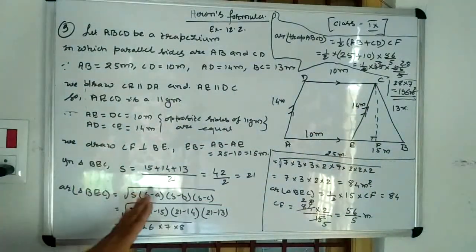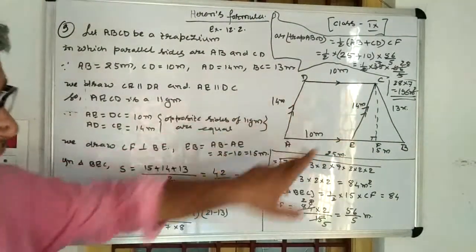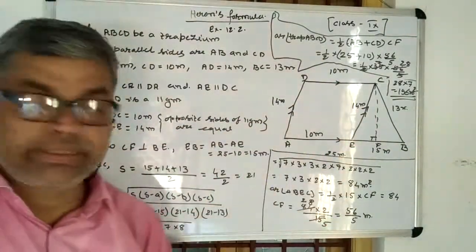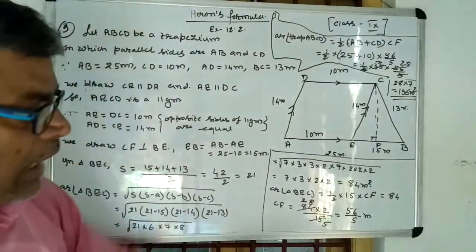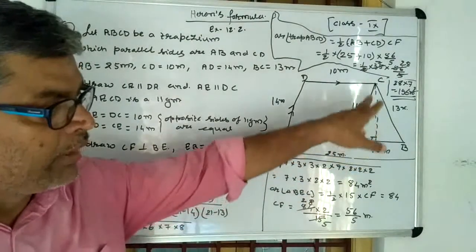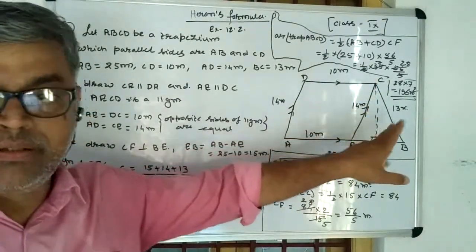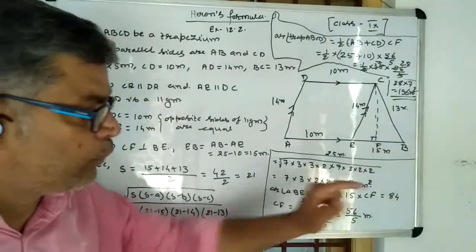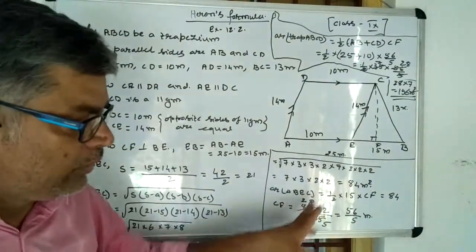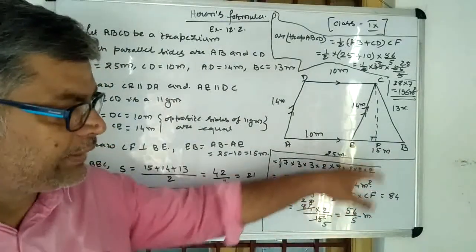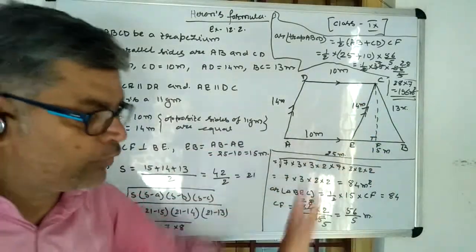Now we apply Heron's formula in triangle BCE, and we calculated its area, which is 84 meter square. After getting its area, again we apply the general formula of the triangle, half into base into height. Area is known, so we have taken the area as 84, half base equals 15 and altitude is to be found.